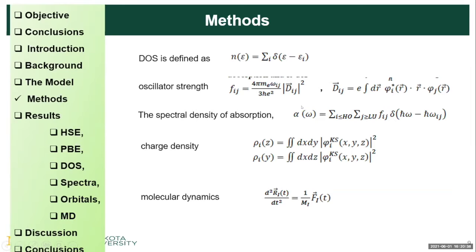Another important parameter is the oscillator strength, which represents the probability that the model which absorbs a photon will undergo an electronic transition.